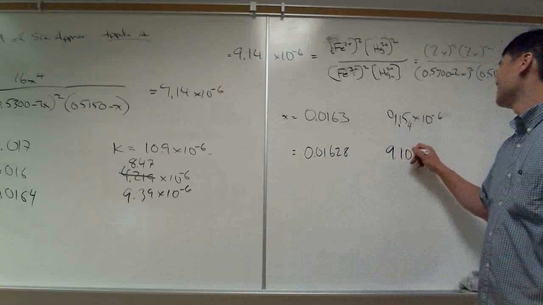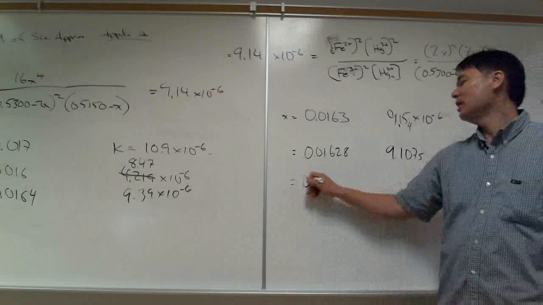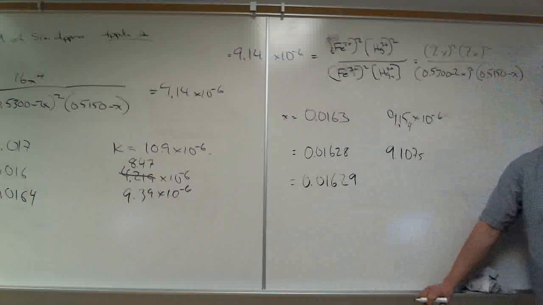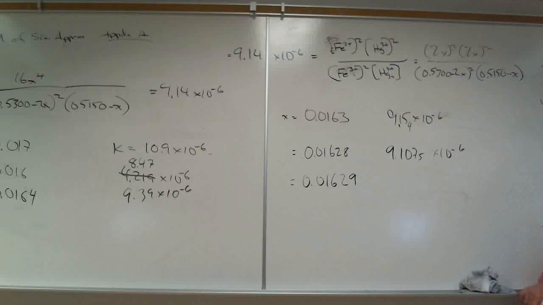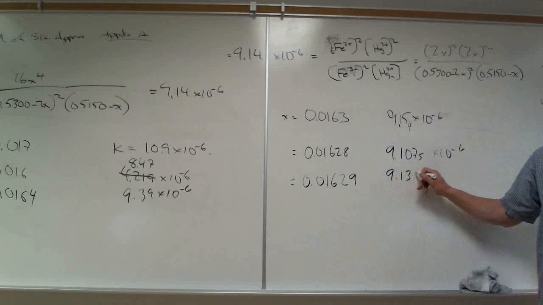Yeah, 9.1075. Too small, right? And so let's go 0.01629. 9.308.